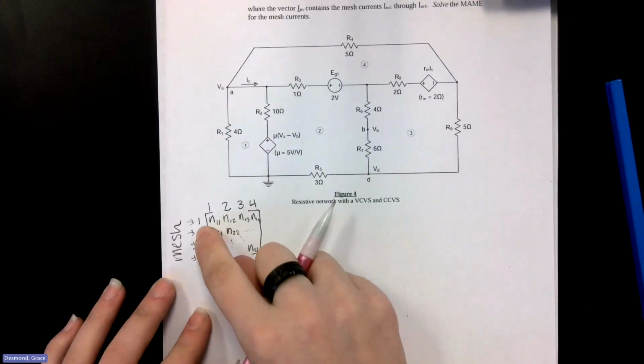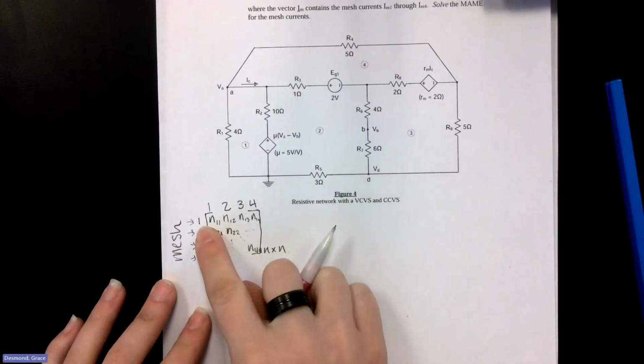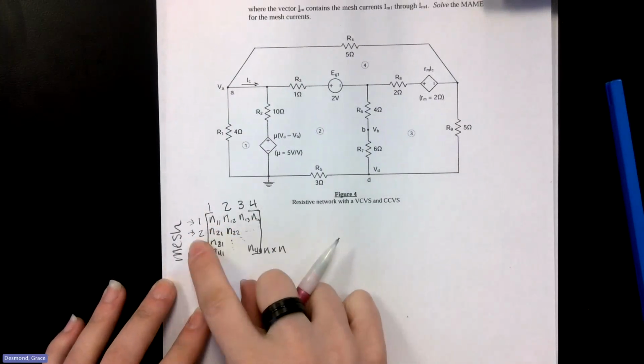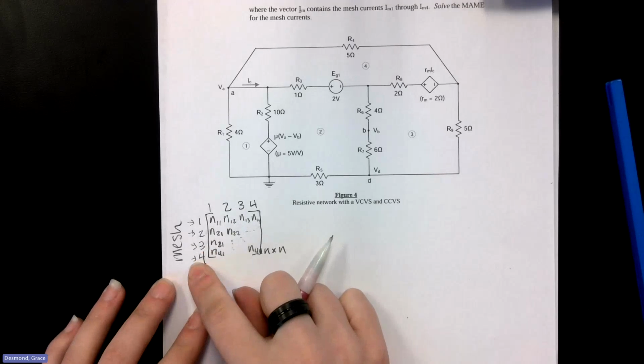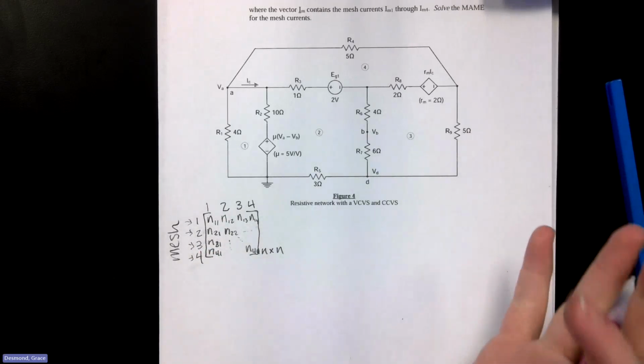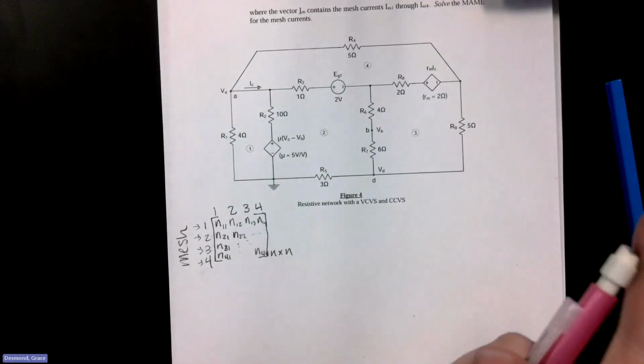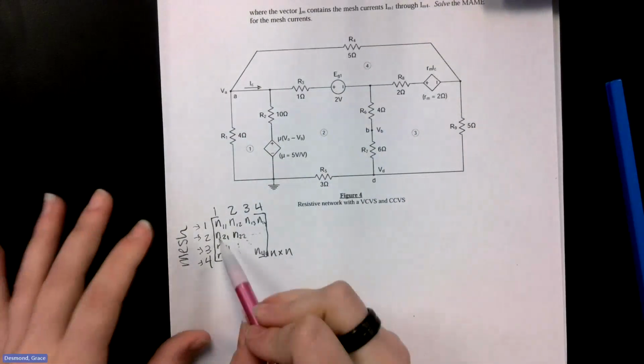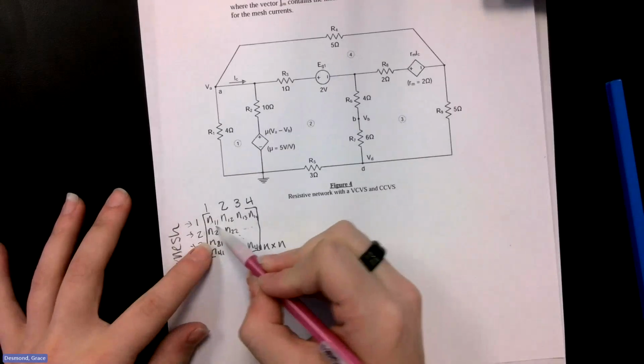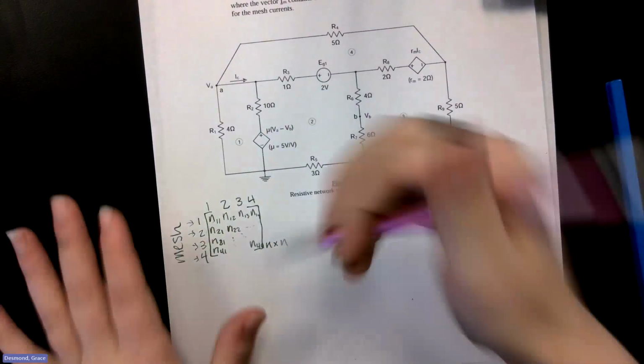This is going to be equated and thought of as mesh 1, mesh 2, mesh 3, and mesh 4. Not too bad to remember, right? So how we fill this in is all of the diagonal elements.